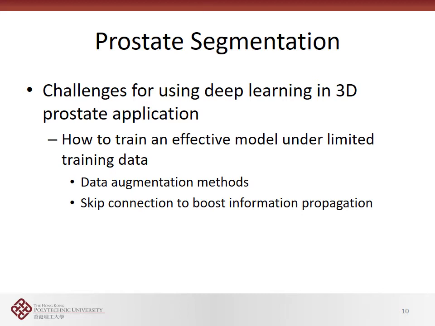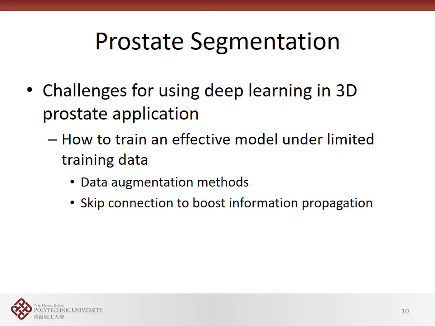So one of the challenges for using deep learning in 3D prostate application is how to train an effective model with limited training data. So we propose a set of strategies to meet this challenge. First, we propose a set of data augmentation methods to enlarge the training data set.